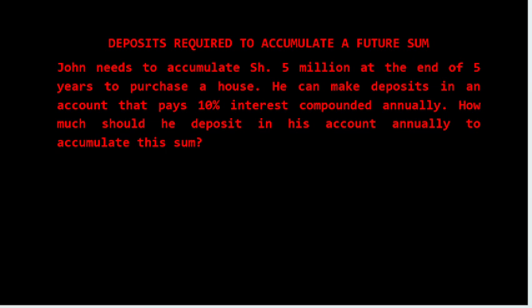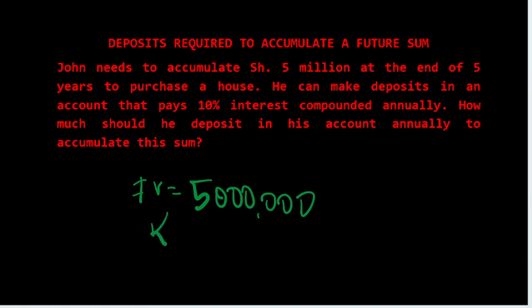Let's use this example. We are saying John needs to accumulate 5 million at the end of 5 years to purchase a house. So the future value that he wants to accumulate is actually 5 million. We are saying he can make deposits in an account that pays 10% interest compounded annually.